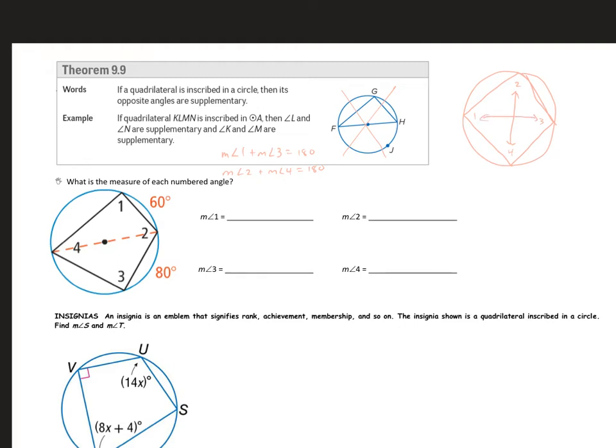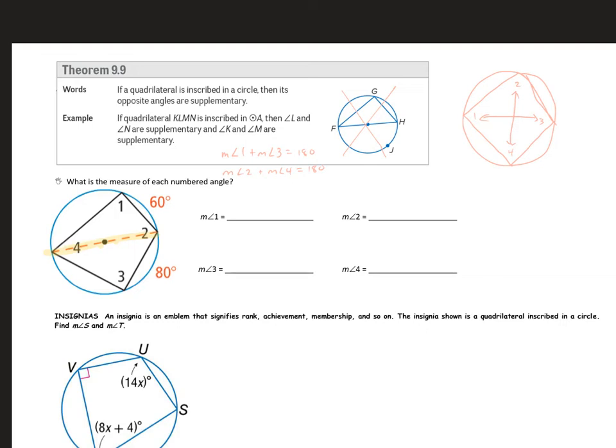So in my picture, this one takes a lot of information that we need to put together to help us solve this problem. So luckily I have a diameter drawn in. If you see right here, I have this diameter drawn in this picture in my example.